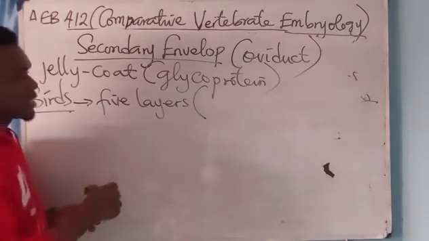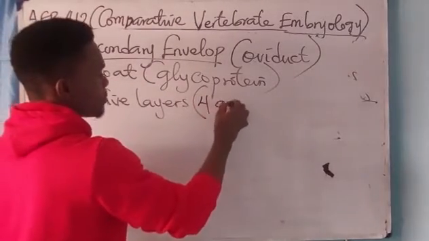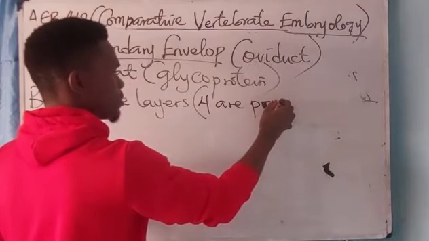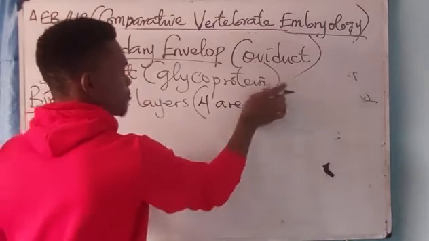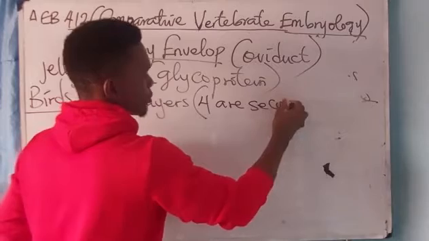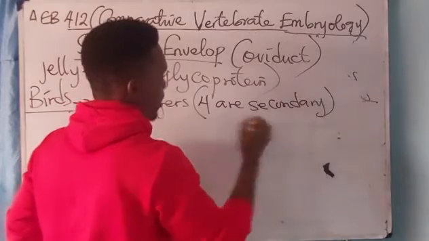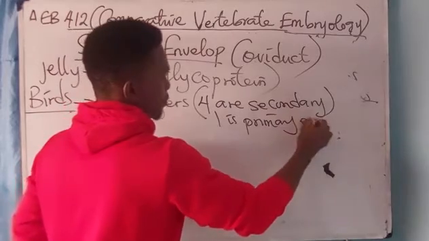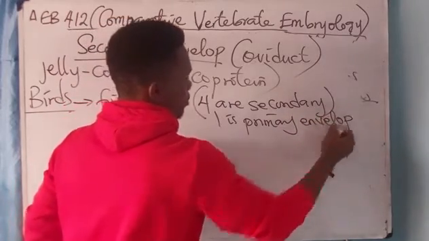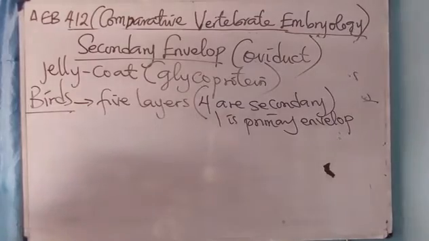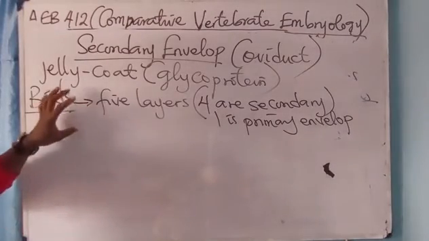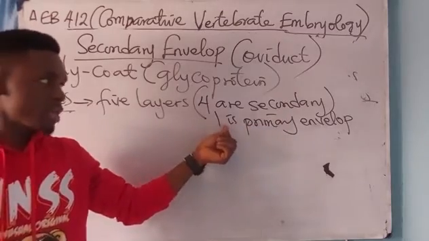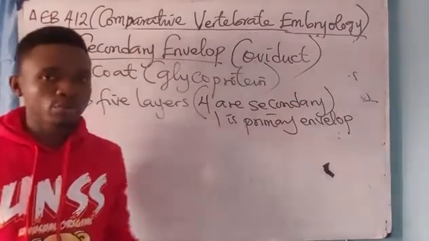Of all these 5 layers, 4 are secondary envelopes, while 1 is a primary envelope. Primary envelope, take note of that. Of the 5 layers found in the egg of a bird, 4 are secondary envelopes, while the last one is what? A primary envelope.